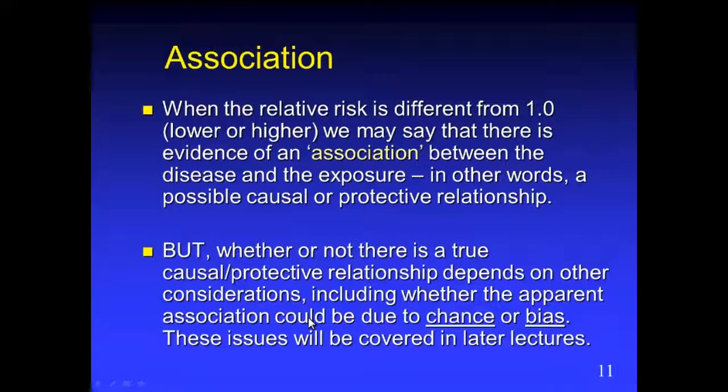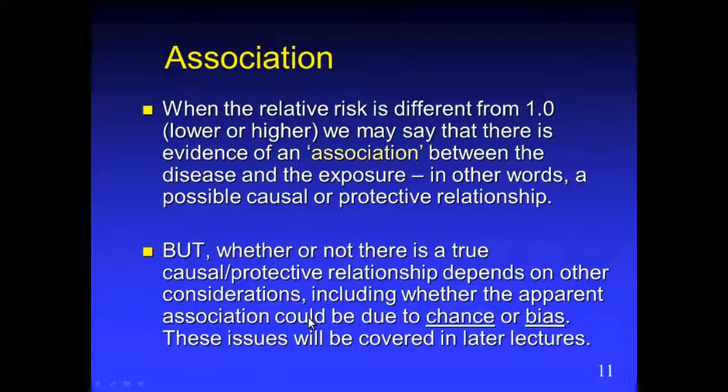Now, I just want to briefly talk about this term association, which we often use. Association is fairly loosely used to indicate that there is some evidence of a connection between the exposure that we're interested in and the disease or health outcome.